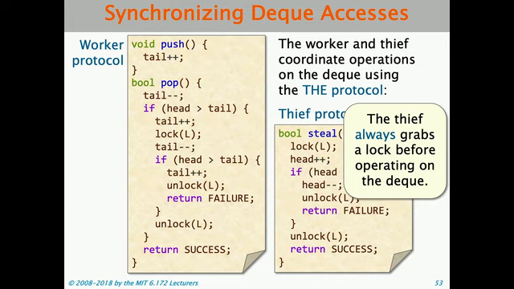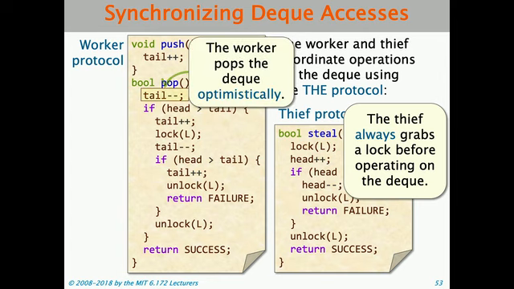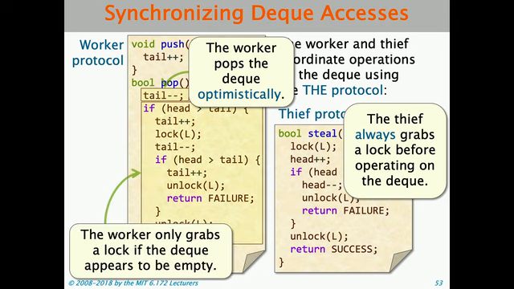For the worker, it's a little bit more optimized. So what the worker will do is optimistically try to pop something from the bottom of the deck. And only if it looks like that pop operation fails does the worker do something more complicated. Only then does it try to acquire a lock on the deck, then try to pop something off, see if it really succeeds or fails, and possibly turn to a life of crime.